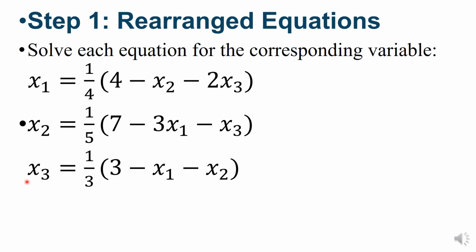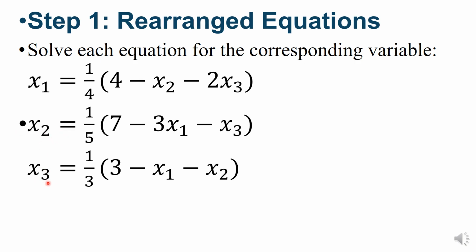In the question, 4x1 is given, so everything is divided by 4. In the second equation 5x2 is given, so everything is divided by 5 because we find x2.